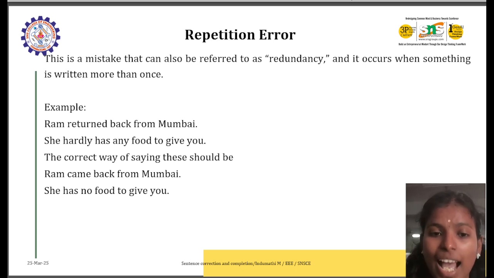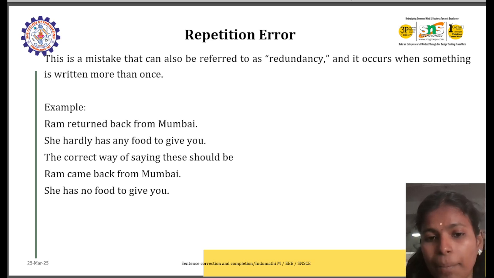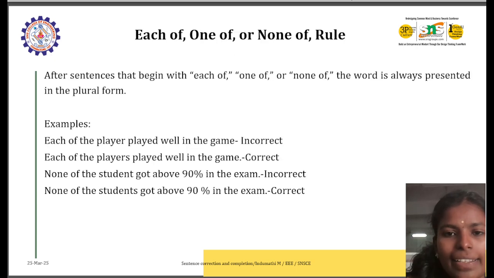She hardly has any food to give you. Hardly itself means a minimum, so hardly any is similar. The correct way of saying this should be: Ram came back from Mumbai and she has no food to give you. Okay.